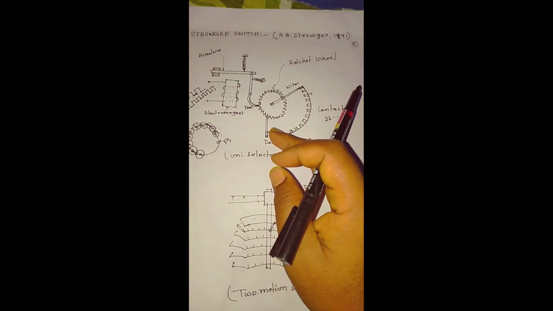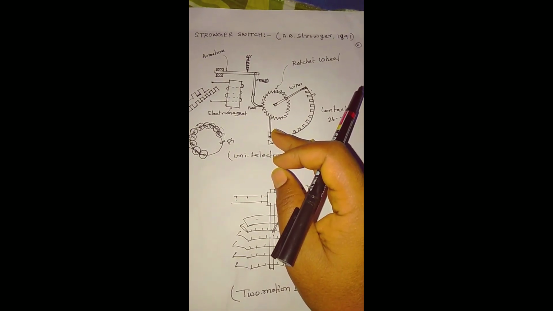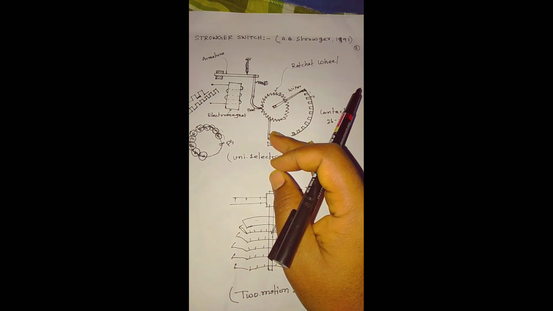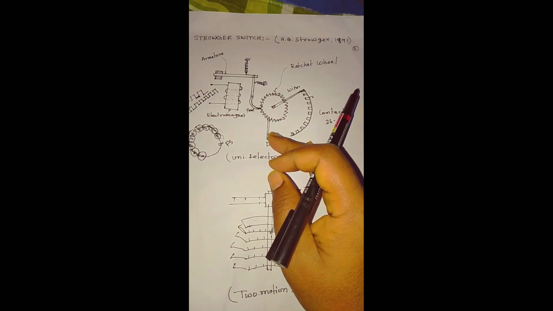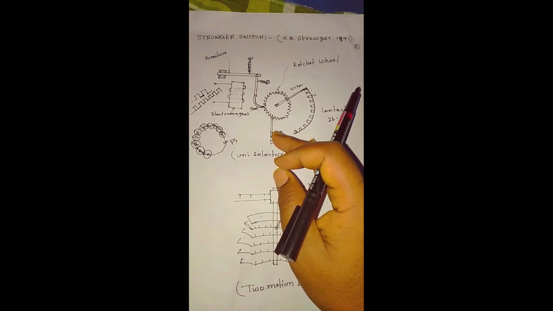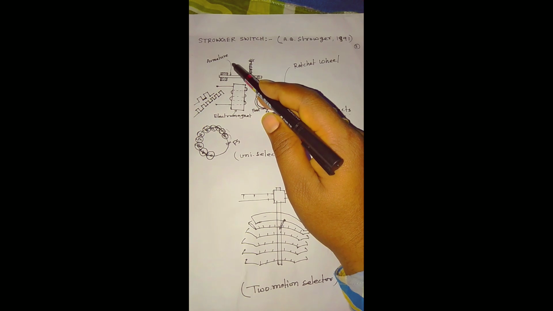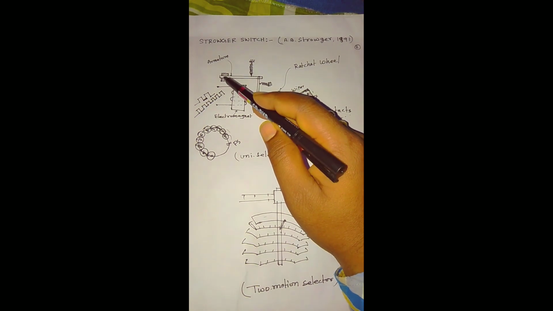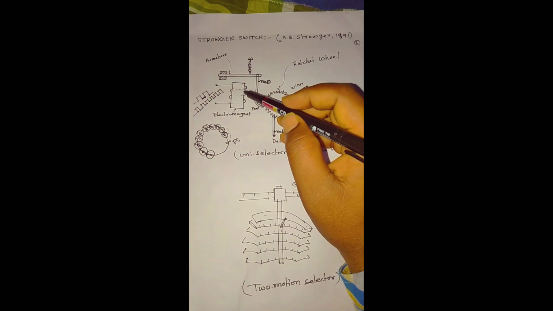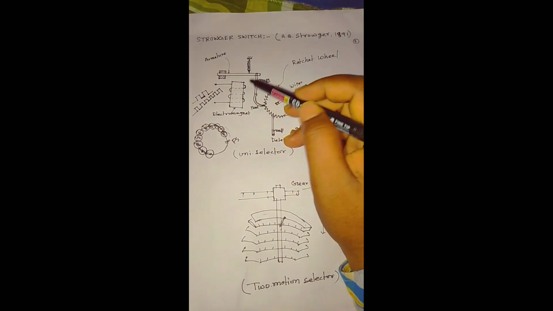So the Strowger switch, as the name suggests, is named after A.B. Strowger, who invented that switch in 1891. This Strowger switch consists of several parts. This thing is called the armature. It is supported by some fixed contacts, with an electromagnet here.